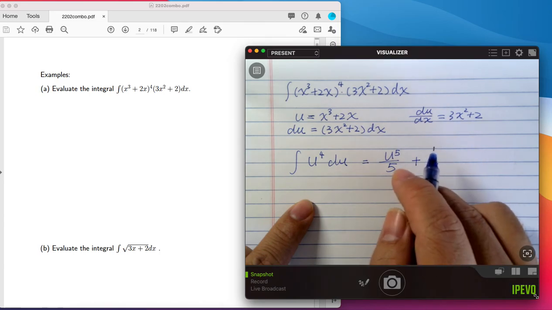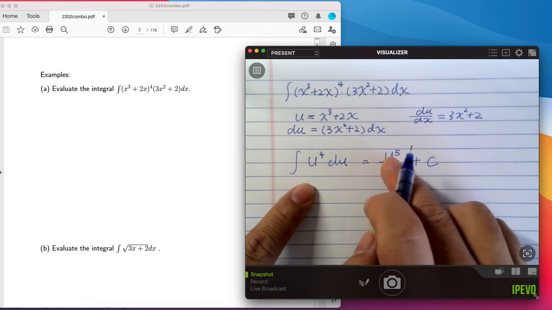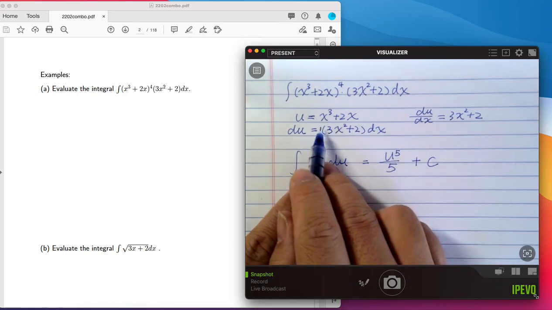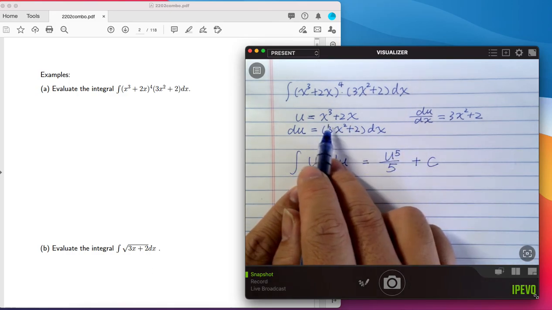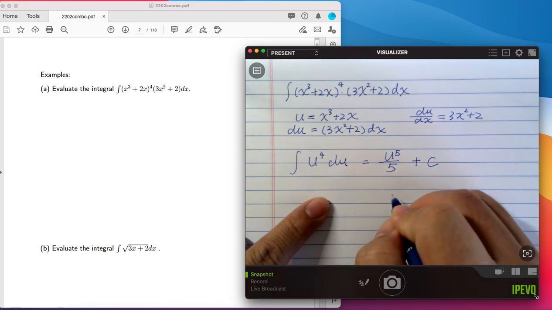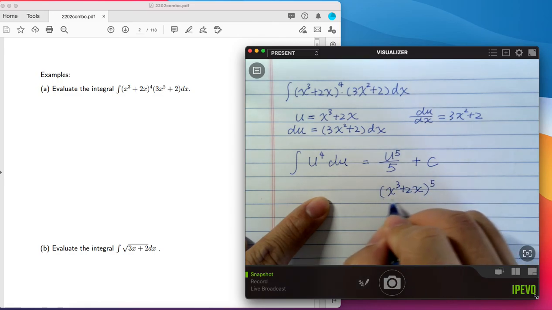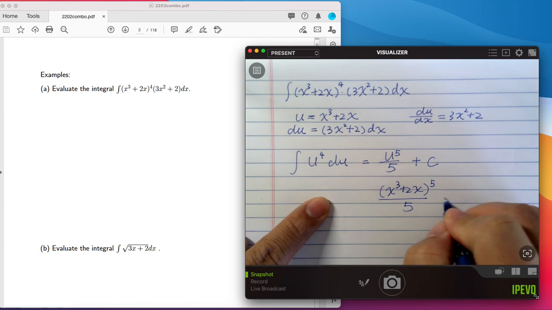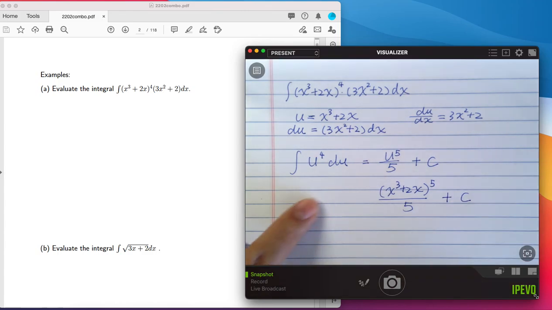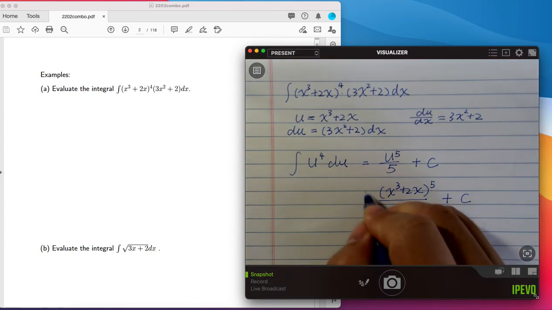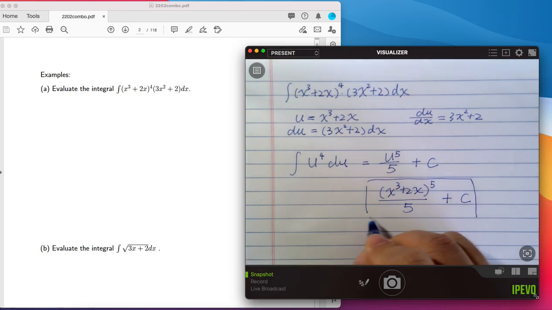After you solve the u integral, make sure that you substitute u back with the original expression. So your final answer should be x cubed plus 2x, to the power fifth, over 5, plus constant c. That's our final answer for this problem.